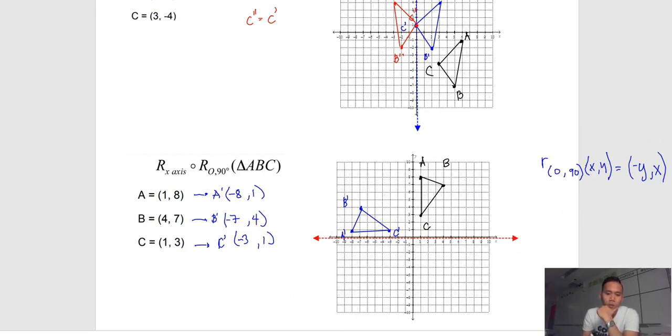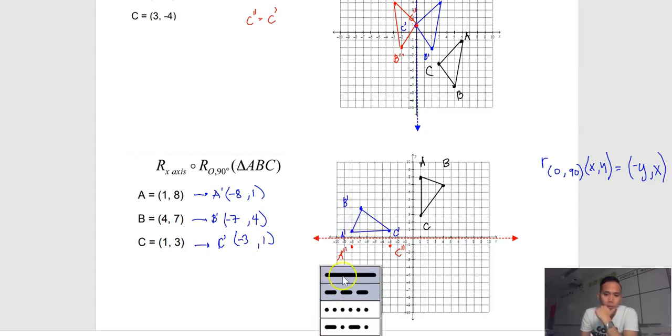Now let's map that. Reflection, it's (1, 1). This is my A double prime. My B is at 4, so I'll go negative 4 here. So this is B double prime, and C is 1, so I got 1 here. This is C double prime, and then I'm ready to connect those points to make your triangle.